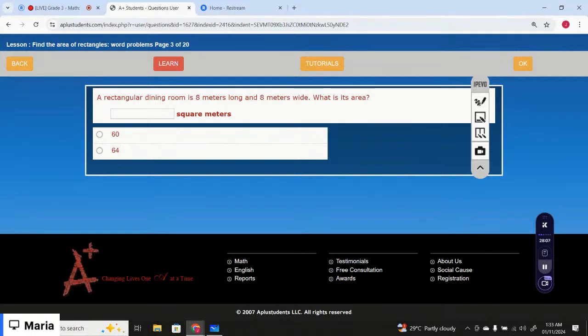Very good. That is 64. Length times width, it is 8 times 8 is 64. Very good.